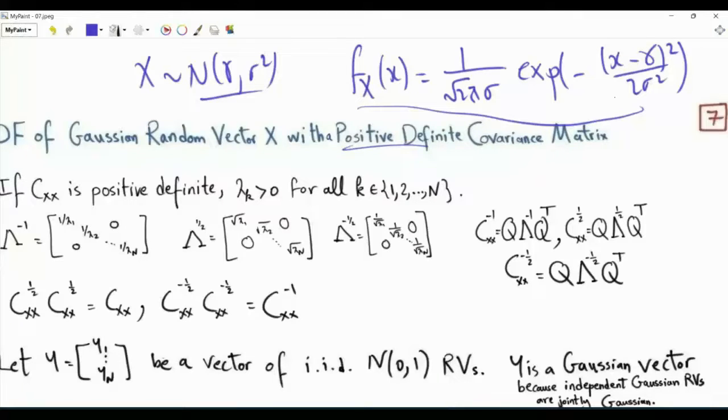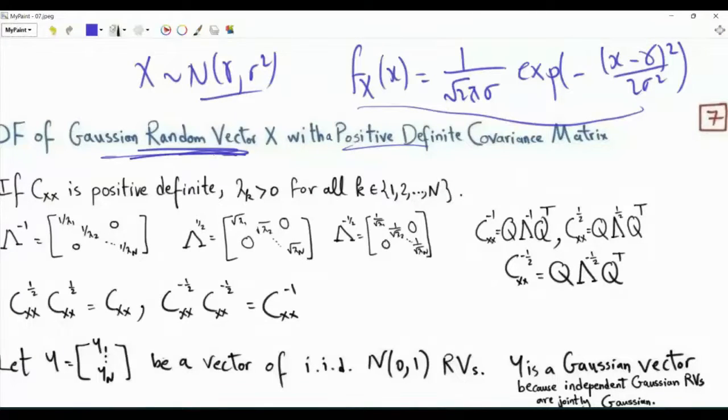And because they are independent, their joint PDF is very easy: it is just the product of the PDF of each one. If the components of our random vector are independent, or if we prove that they are pairwise uncorrelated and hence independent, then it is easy to write down the joint distribution.